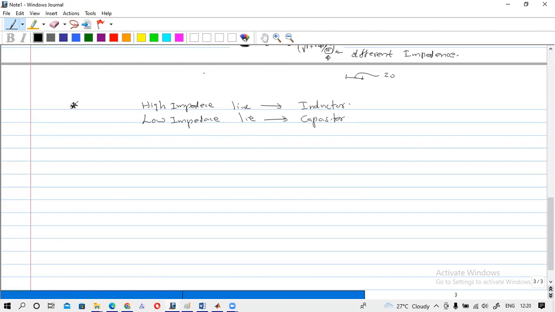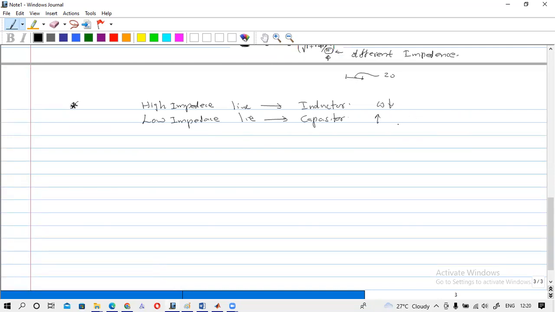You know that if the impedance is high, the width should be low, and for a low impedance value, because the transmission line impedance is low, the width should be high.